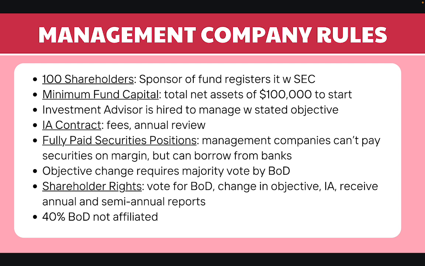Objective change: if there is an objective change, it requires a majority vote by the board of directors. There are shareholders' rights. They vote for the board of directors if there's a change in objective or an IA, and they receive annual and semi-annual reports. And another rule is that 40% of the board of directors cannot be affiliated.